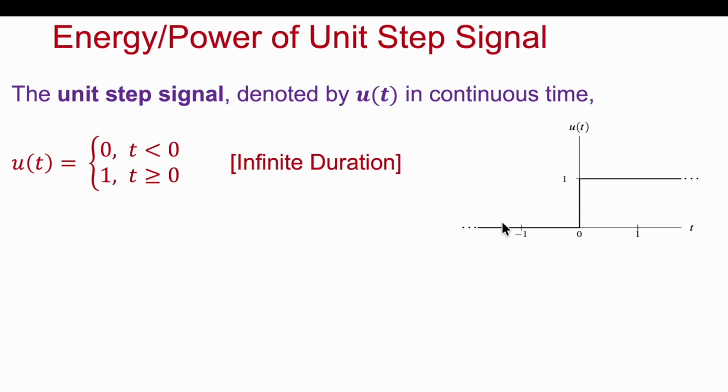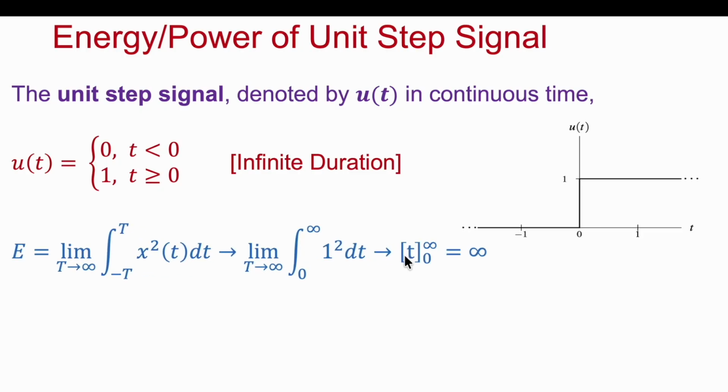So the signal is of infinite duration, and to calculate the energy you need to use the equation for infinite duration. The limits are from minus T to T of x squared dt, but you can change the limit to 0 to infinity because the signal is 0 from 0 to minus infinity.